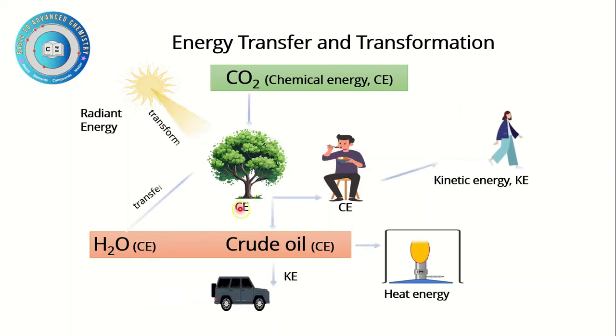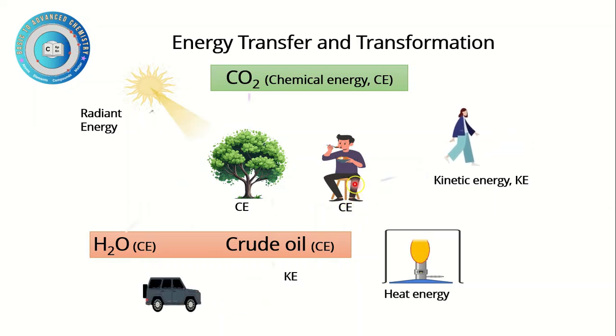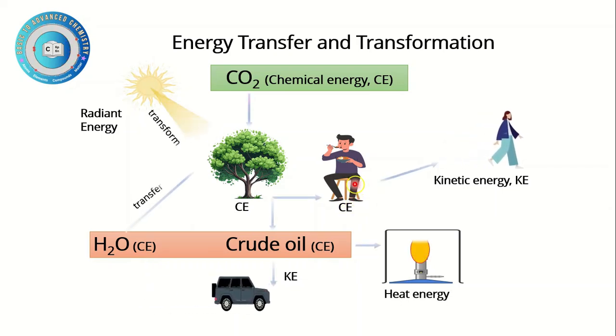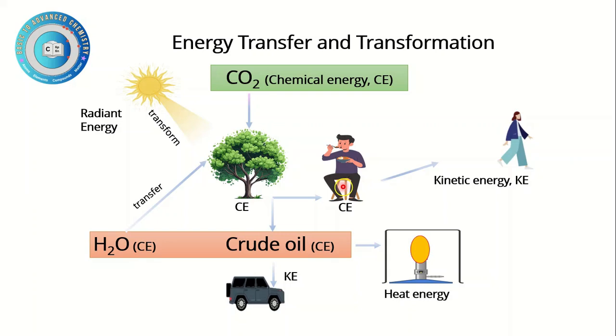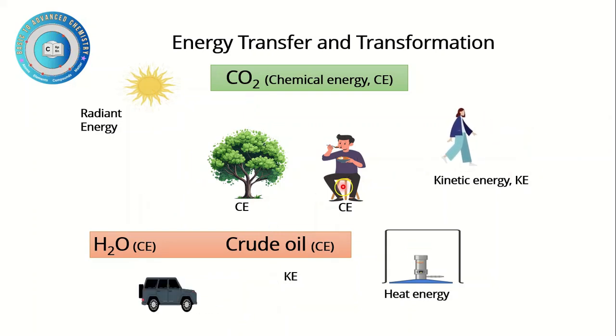The chemical energy of food in plants is transferred to chemical energy of food in animals. Animals consume this food from green plants, then the food is digested and produces energy. This energy helps living things to move. The chemical energy in food is transferred to kinetic energy here.